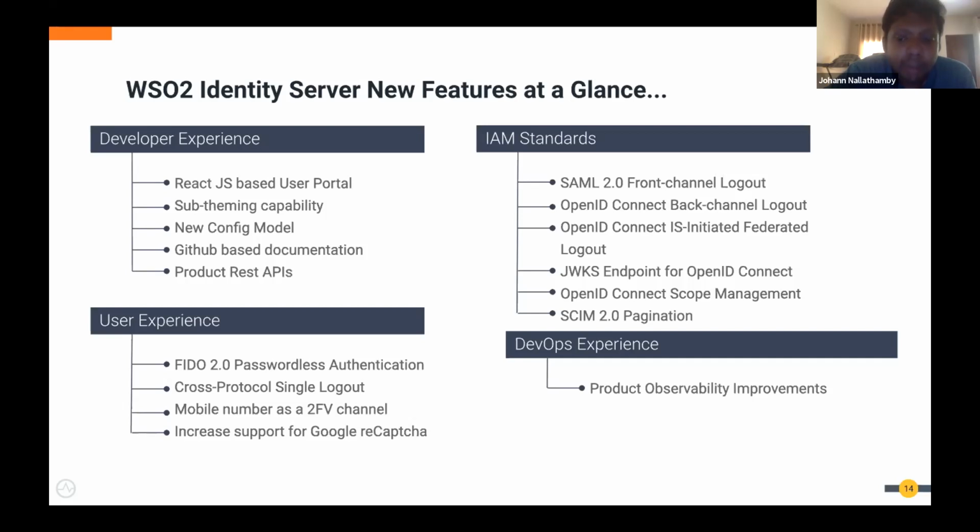In terms of the DevOps experience, we've improved the observability aspects of the product, and there are many more aspects in the DevOps experience that we are in the process of improving, targeting our future CIAM solution.